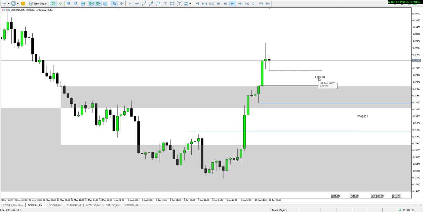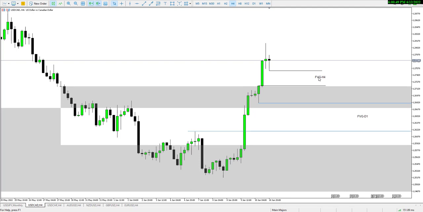But in general, what I've discussed on USDCAD, USDCHF, Aussie dollar, New Zealand dollar, Euro USD, and Pound USD, in general, that stays for a while. We should be bearish on Aussie dollar, New Zealand dollar, Pound USD, and Euro USD, and we should be bullish on USDCAD and USDCHF.